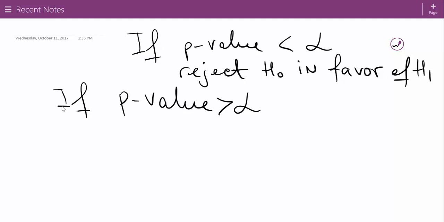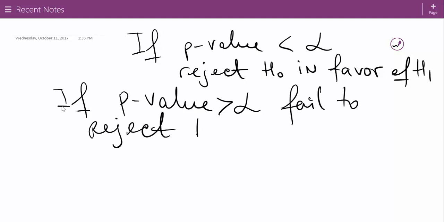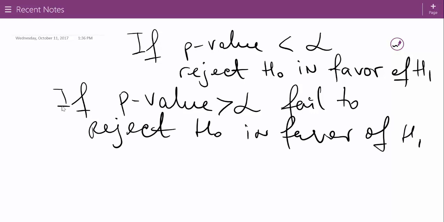It's a question of, do we still believe in it or do we reject it? So if p-value is less than alpha, we reject it. Otherwise, we don't reject it. Two outcomes: reject the null in favor of the alternative H1, or fail to reject the null.